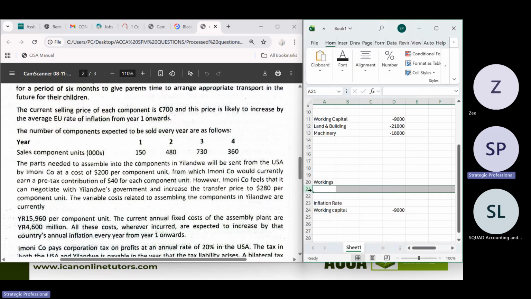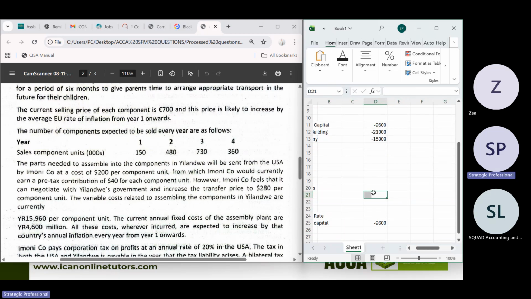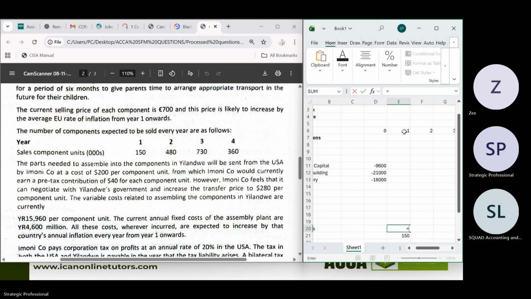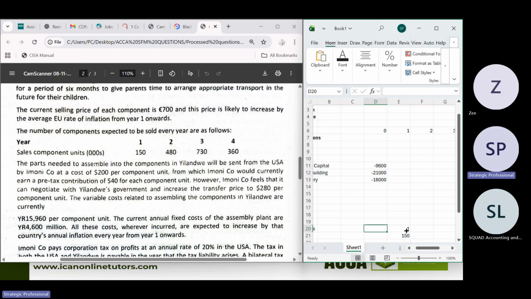Now, they've told me that in year one, this will be 150. Maybe I should just put the years here so that I will be seeing it.